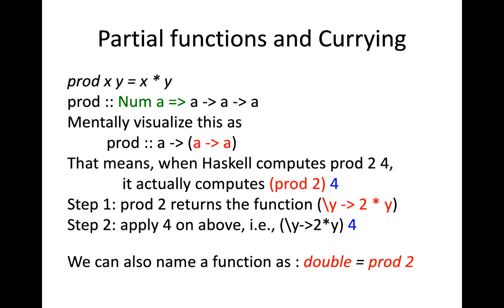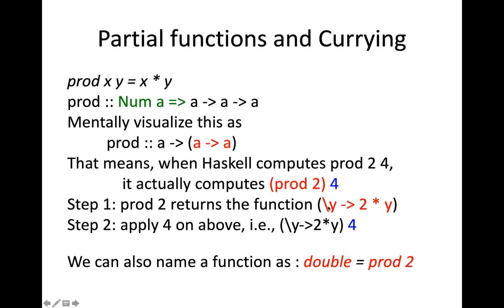That also is the same thing, correct? So the summary is, whenever there is a function which takes 2 parameters, Haskell splits that function into 2 partial functions.